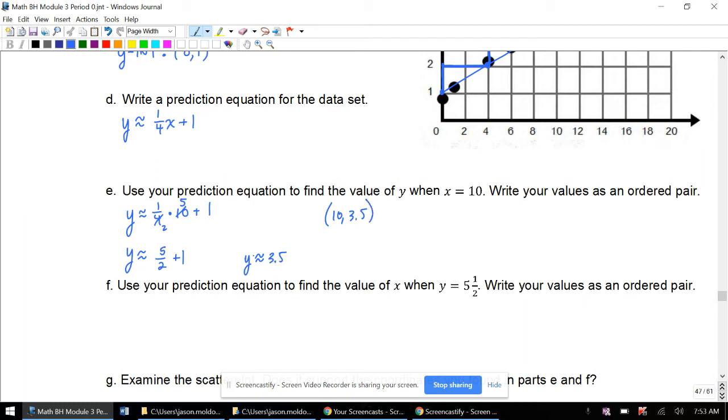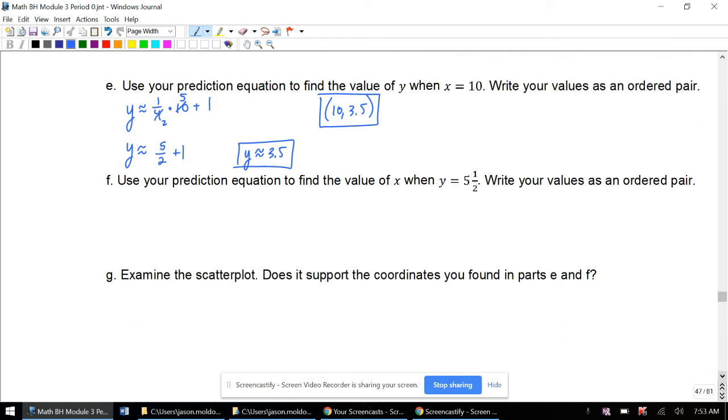And we get that, and it also says to write it as an ordered pair, that the matching y value for an x value of 10 is about 3.5. If you chose a different m or b, then you'll notice that your approximated y value will also be slightly different.